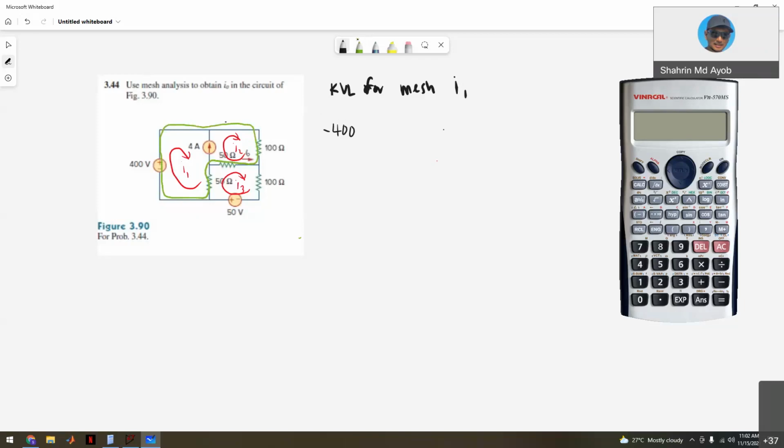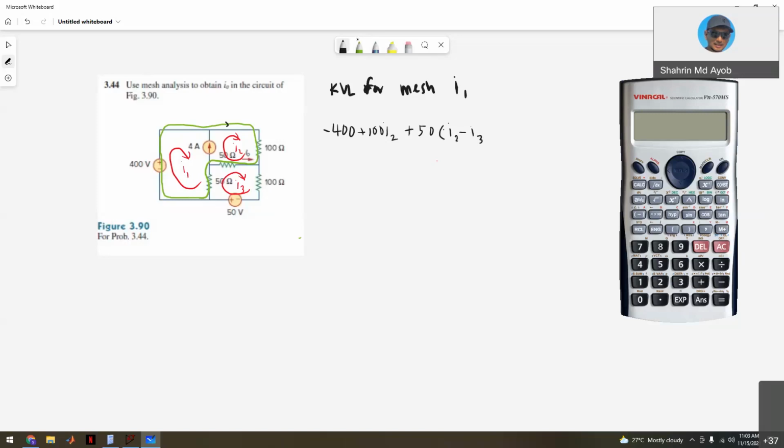So we go straight to the 100 ohm. The current that flows into the 100 ohm is only I2. Then the 50 ohm: there are 2 mesh currents that go through it. Since we are concentrating on I2 right now, we assume that I2 is bigger than I3.